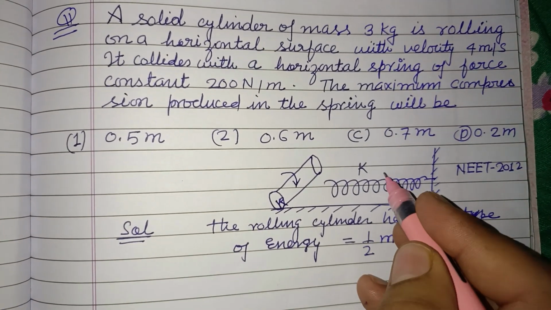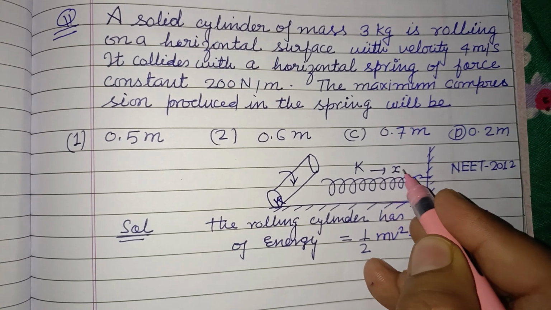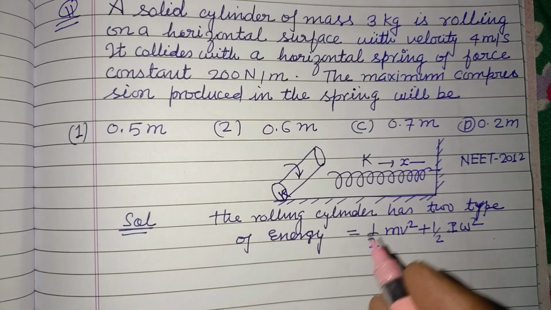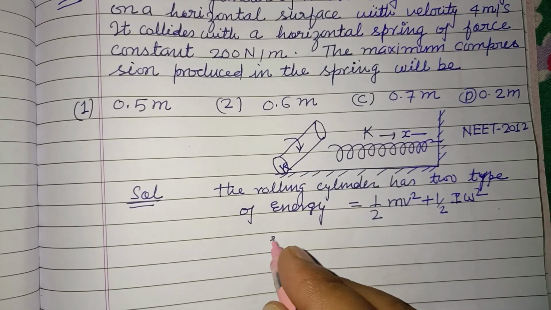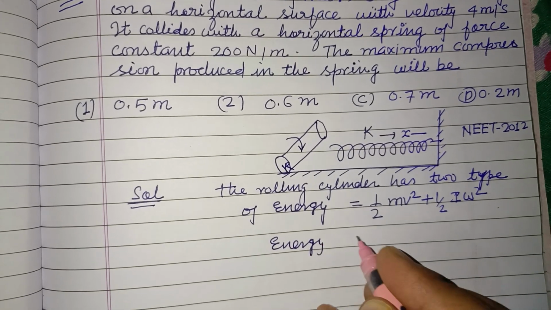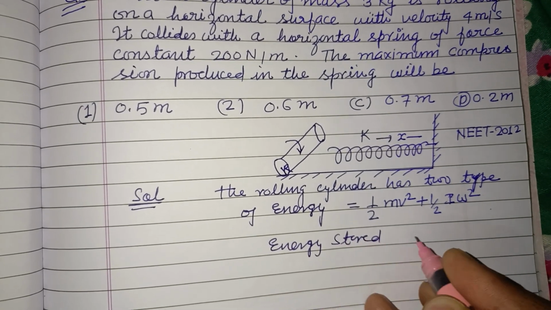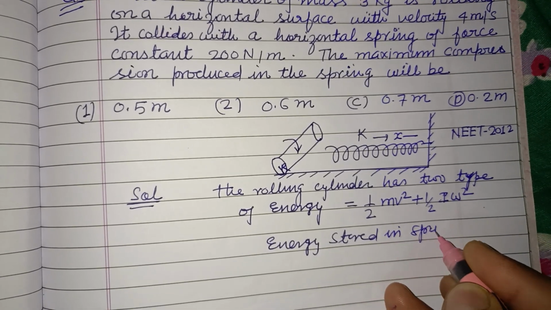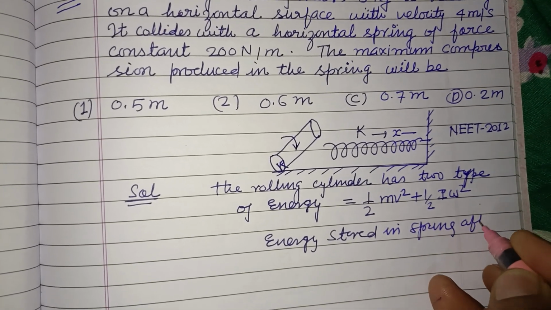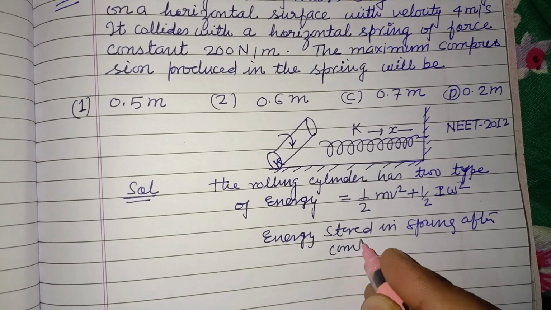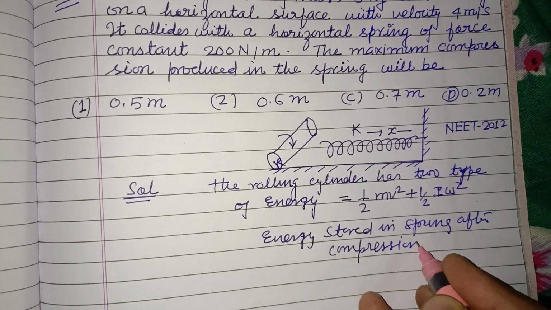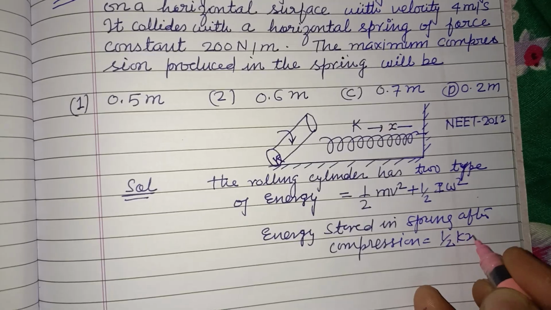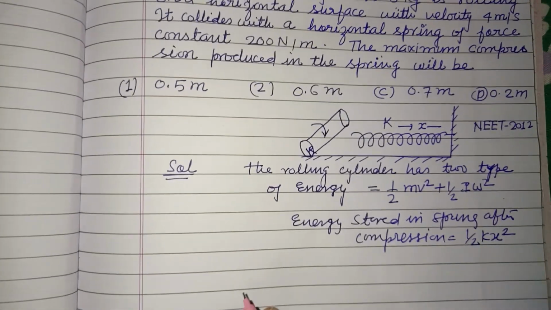So the spring is compressed by a length of x, then the energy stored in the spring after compression would be half kx square.